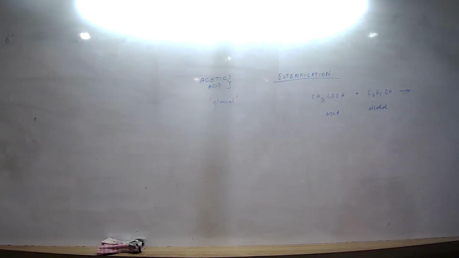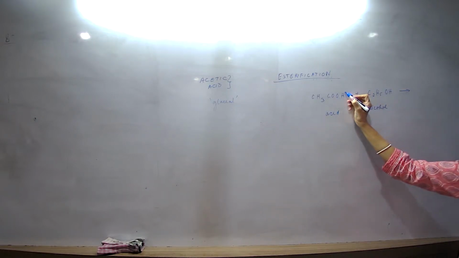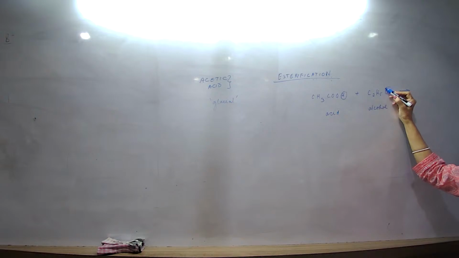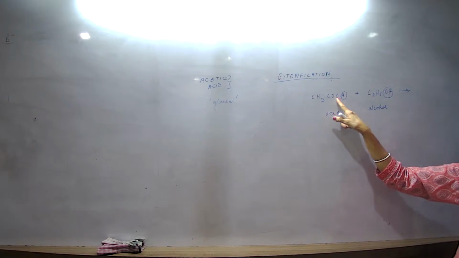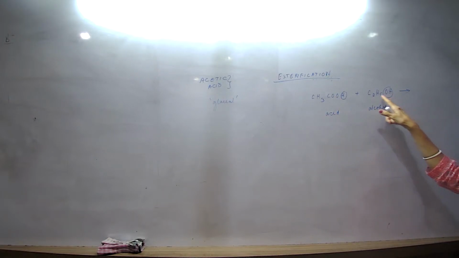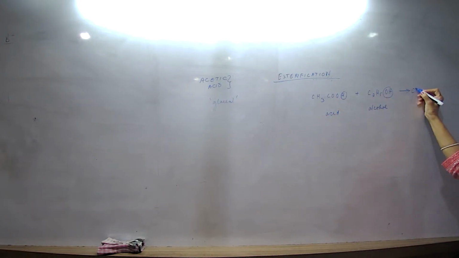So what happens is there is a removal of water. There is one H here and there is an OH here. If you remove an H from here, this becomes negatively charged and this will combine here. So what are we getting?